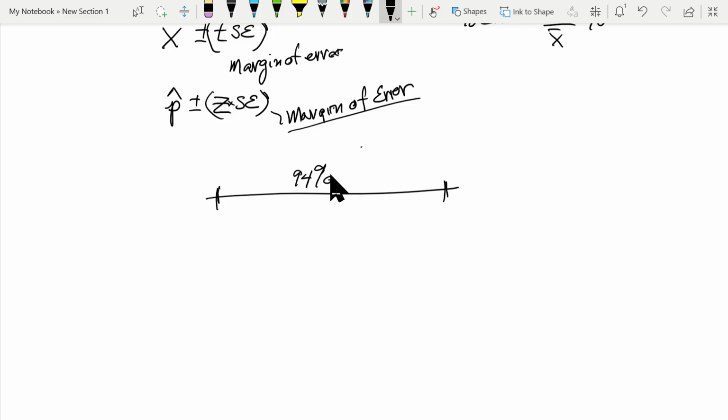Confidence interval is always in the middle. How much is outside of 94%? 6%. Subtract it from 100%. How much is in this tail? 3%. And 3% here. So what do I need to look up in the t.inv?